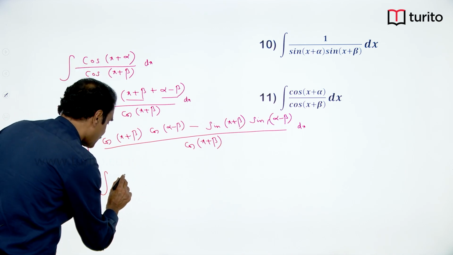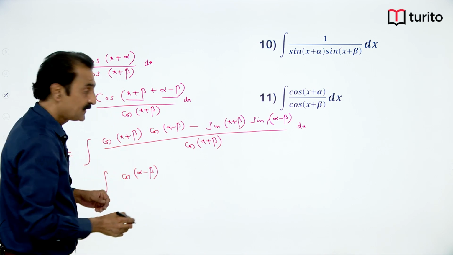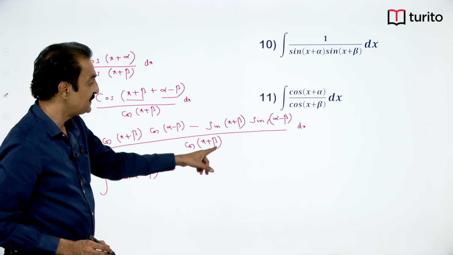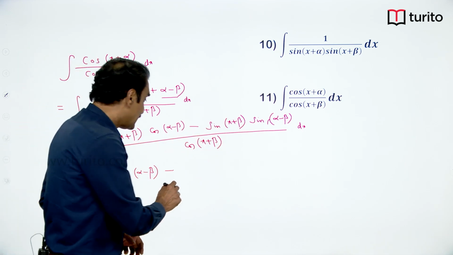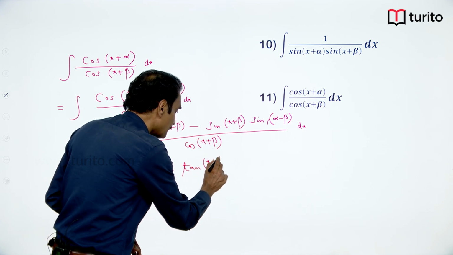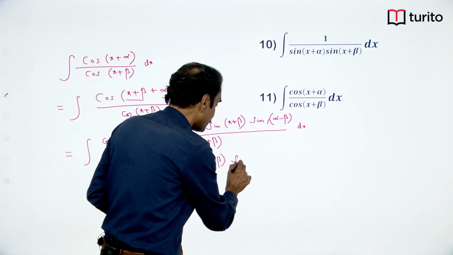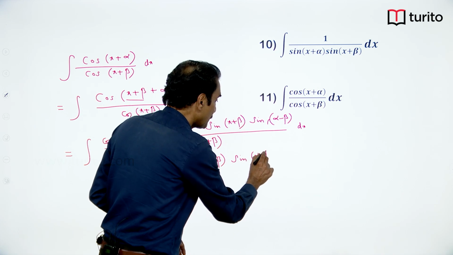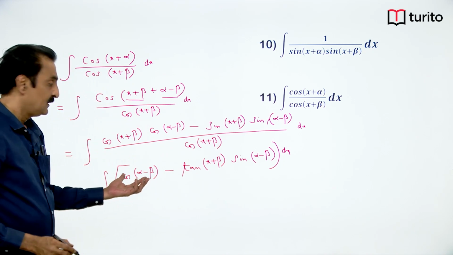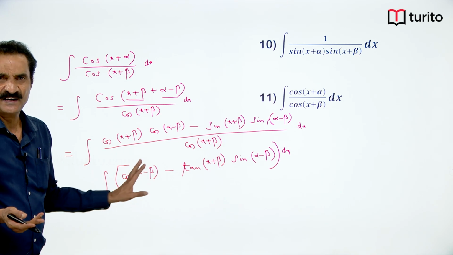After cancellation you will get cos of alpha minus beta, minus, in the second, sin x plus beta by cos x plus beta is tan x plus beta, into sin alpha minus beta, dx. Here cos of alpha minus beta is just a constant, just like k.